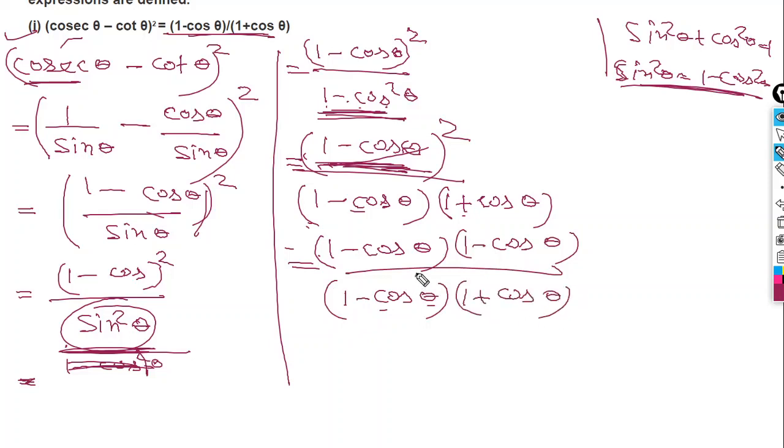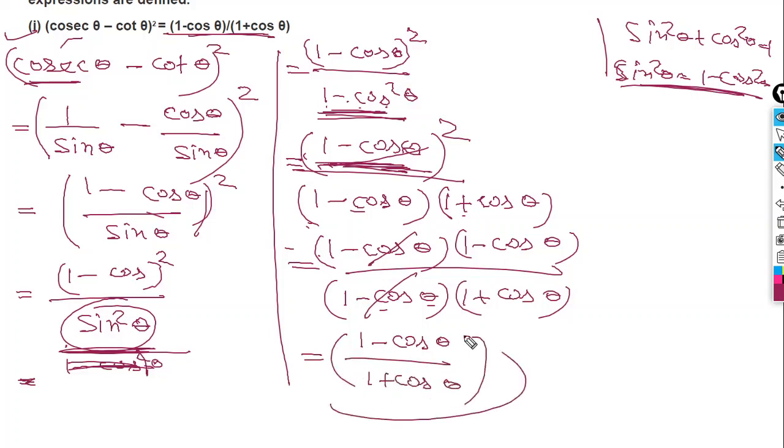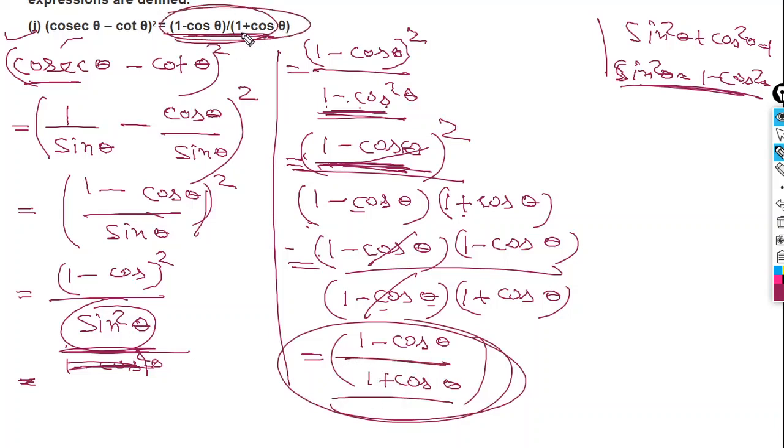Now cancel 1 minus cos theta, and the answer will be 1 minus cos theta divided by 1 plus cos theta. This is what we wanted to prove. So in this way we can solve it.